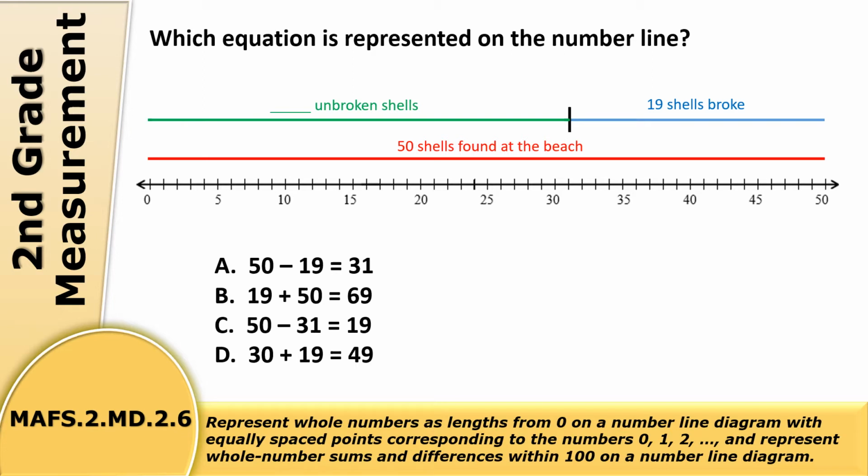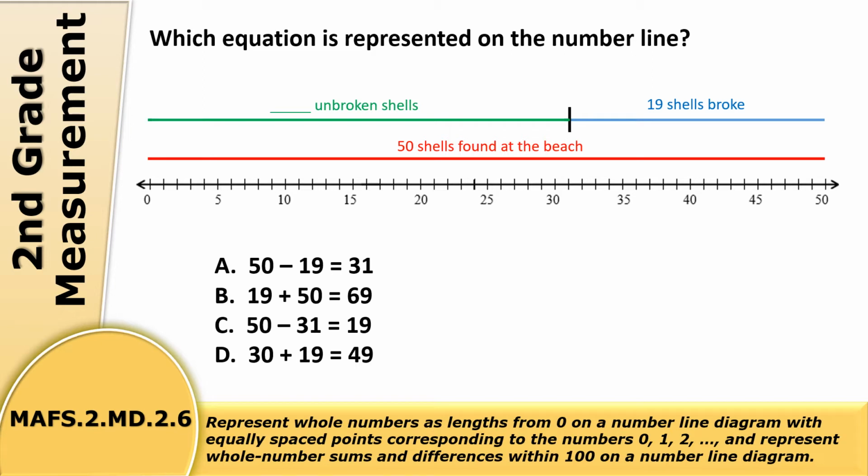We do know by looking at the two lines that the green line and the blue line put together are the same as the red line. So when we think about that, we have two parts, the green part of the unbroken shells and the blue part of the broken shells that when you put them together represent all 50 shells found at the beach.